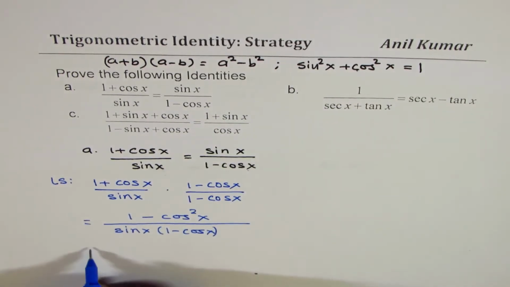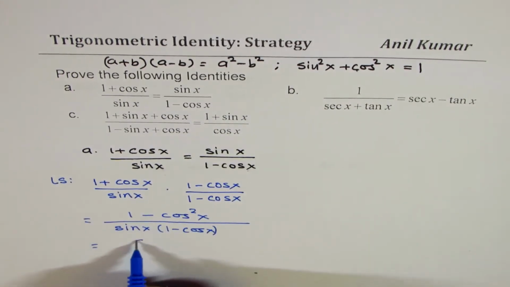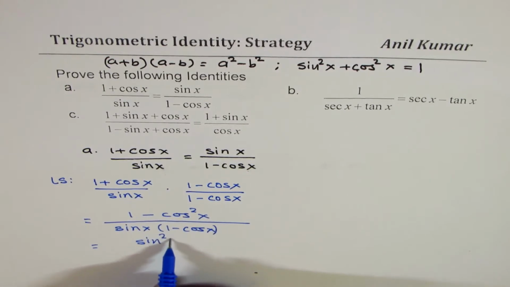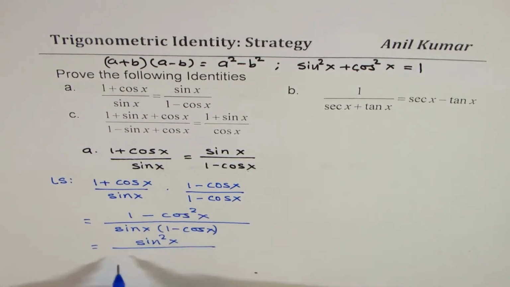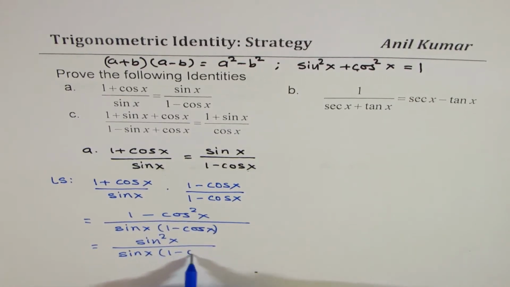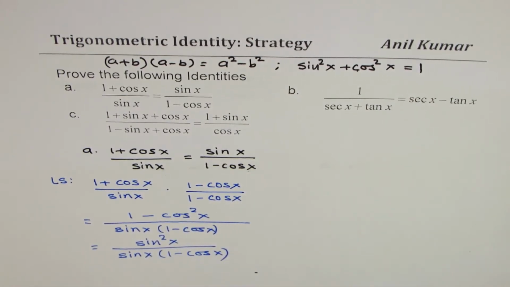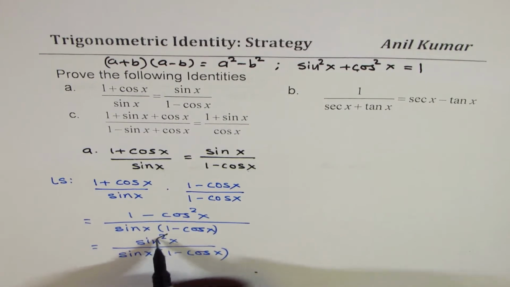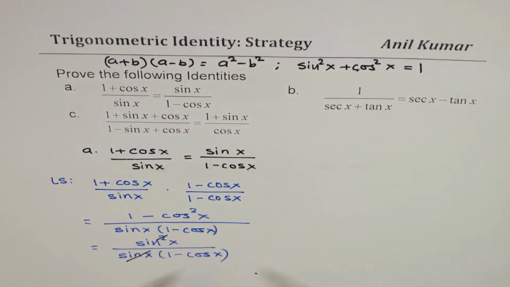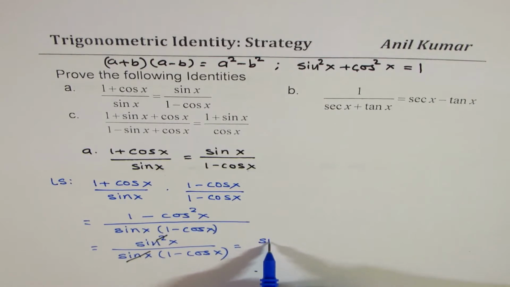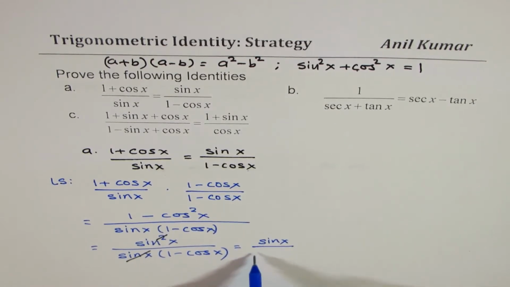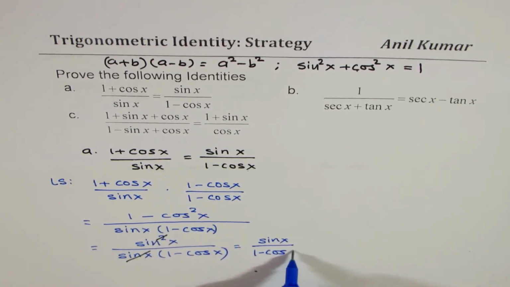So I could write the numerator as sin square x, and in the denominator we have sin x times (1 - cos x). Now you can cancel one of the sin x factors, and what do you get? Well, what you get is the right side, which is sin x over (1 - cos x), correct?